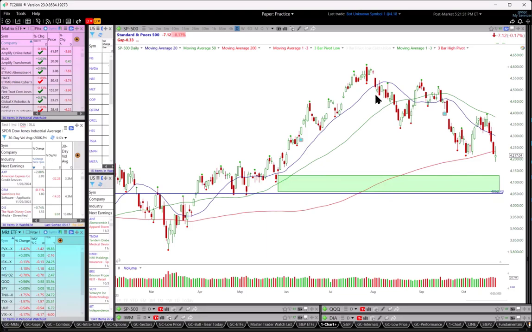Now, when that transition happens, it isn't easy because buyers are in control and buyers don't give up so easily, unlike sellers when things are trending down and become climactic.